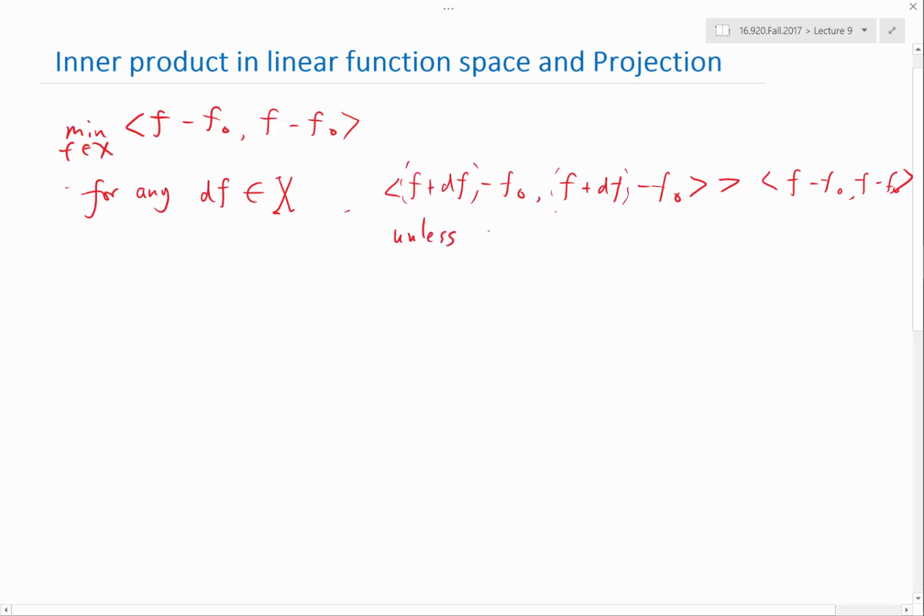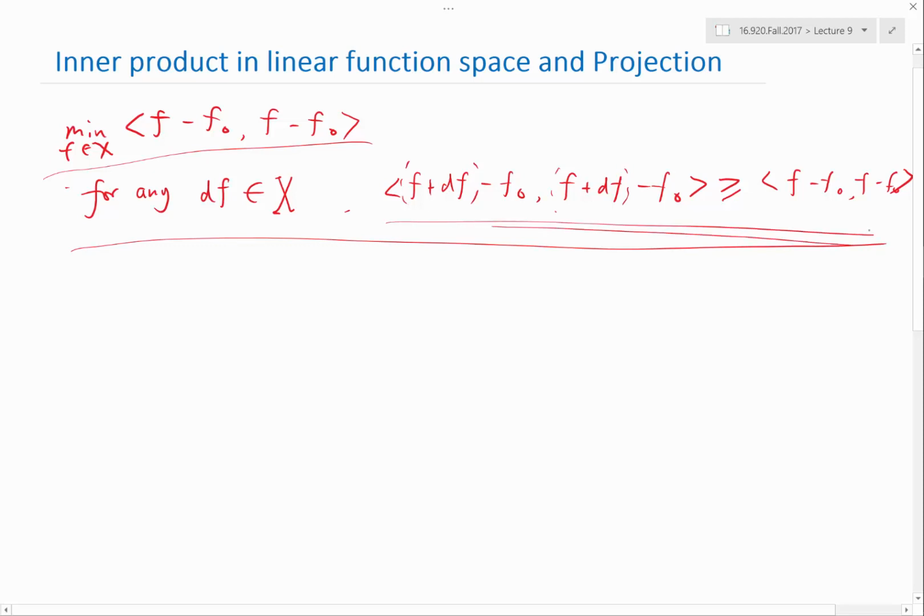Because if you can find a df that makes this less than, that means I should be replacing my f with f plus df, which by the linearity of the space is still in x. So this wouldn't be true anymore, right? So the minimization statement implies that for any df, I have this inequality. Agreed?